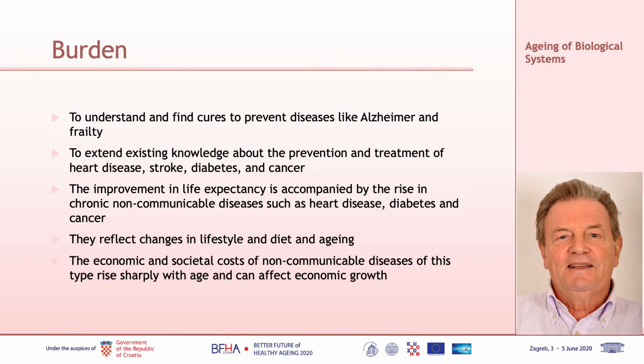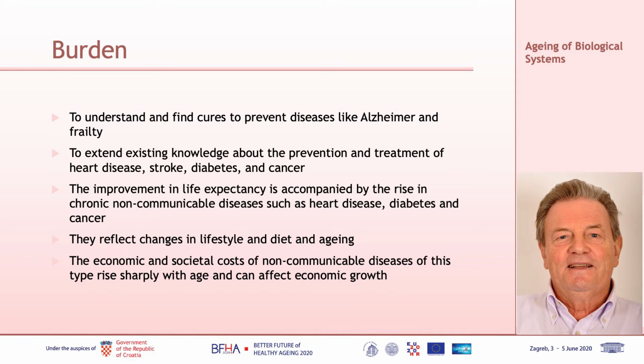The burden is to understand and find cures to prevent diseases like Alzheimer's and frailty, two diseases which are typical of older age persons. It's also a burden to extend existing knowledge about the prevention and treatment of heart disease, stroke, diabetes, and cancer.